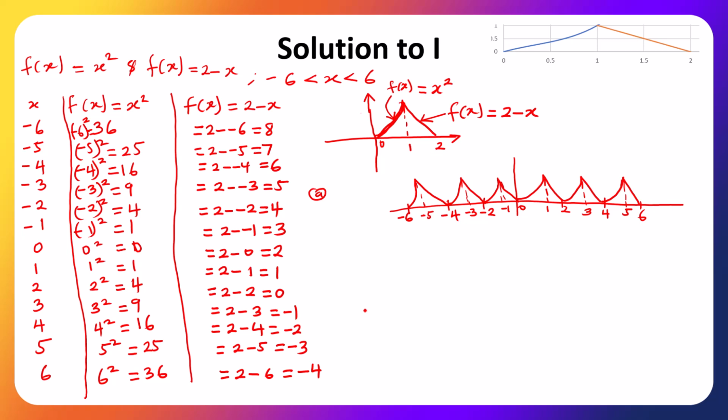And from these functions, we can say that f of x equals x squared is an even function, while f of x equals 2 minus x is neither even nor odd. So now the second question says that if f of x is an even function and periodic of period 4.